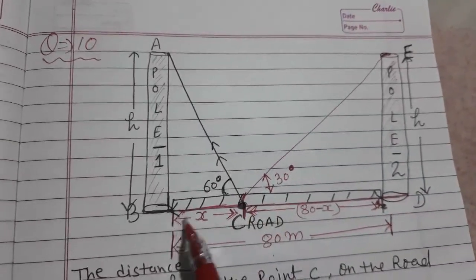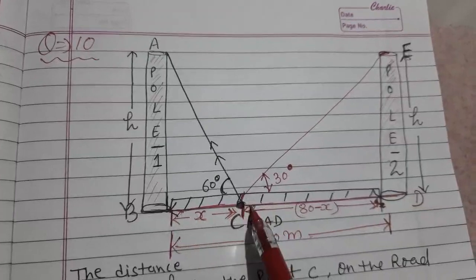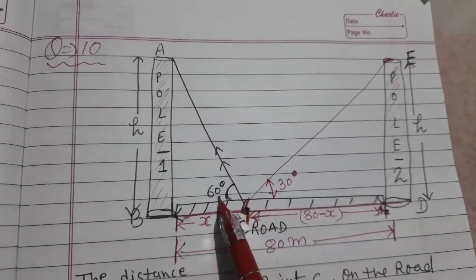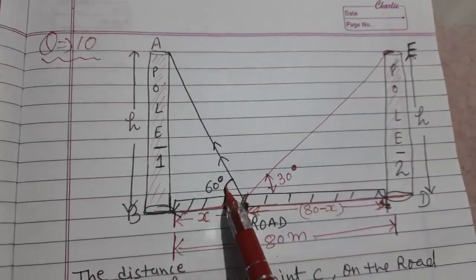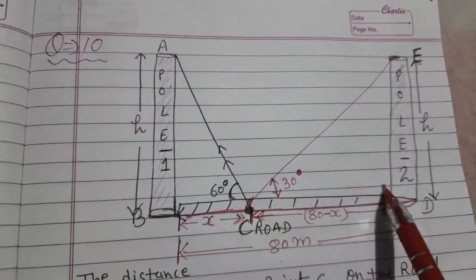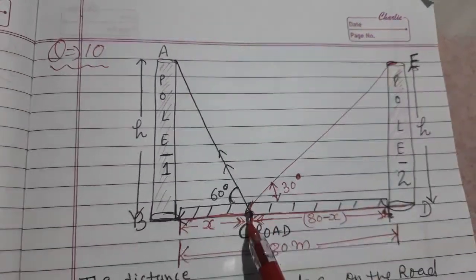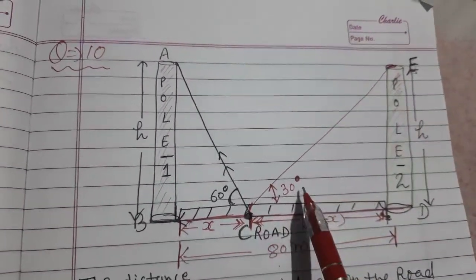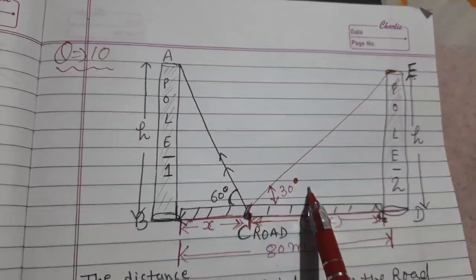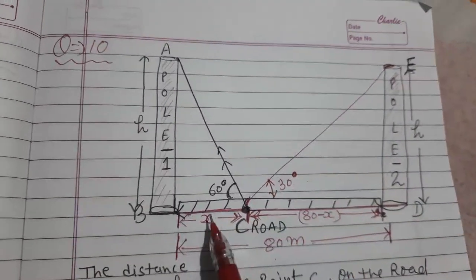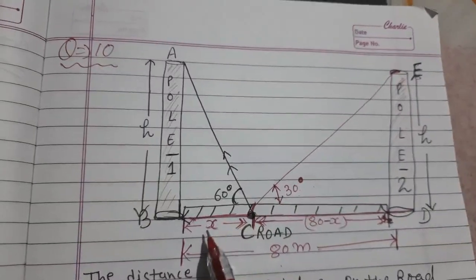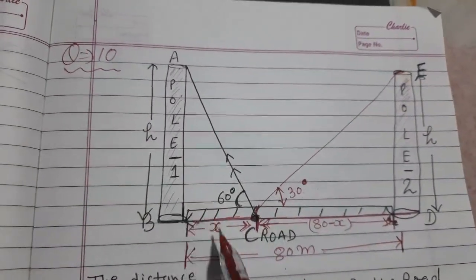Pole 1 is near to the point C, so the angle of elevation for it is 60 degree, and as pole 2 is far from the point C, the angle of elevation for it will be 30 degree. Now first we will try to find the relation between h and x.